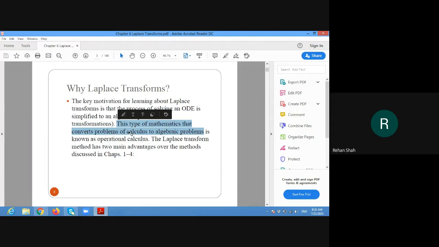The Laplace transform has two main advantages over the other methods which we have studied in chapters 1 to 4.